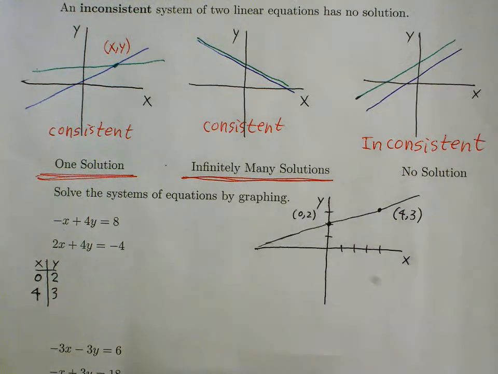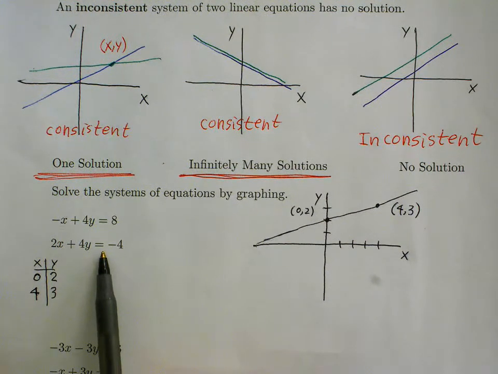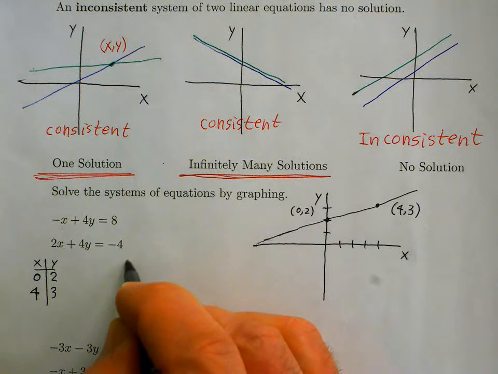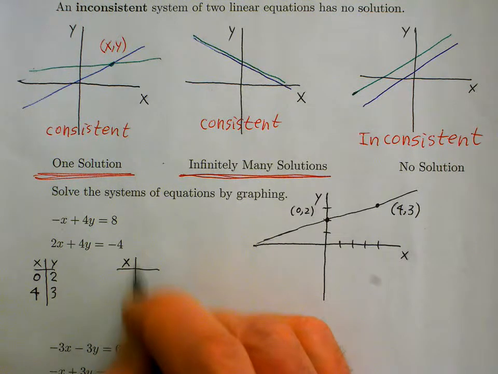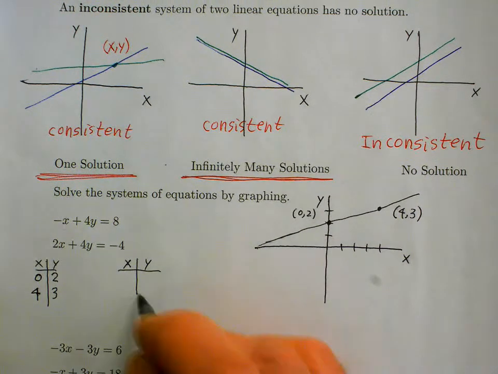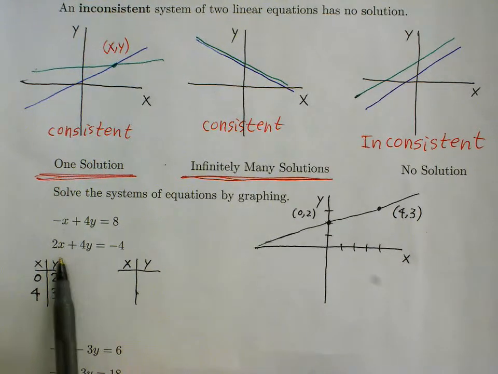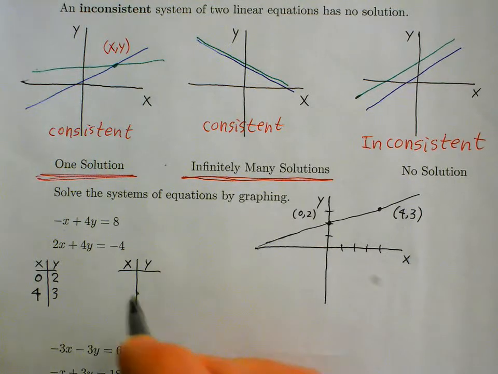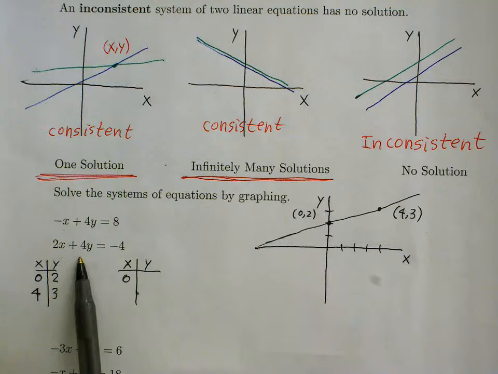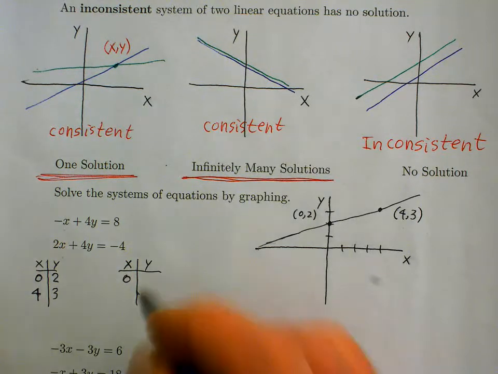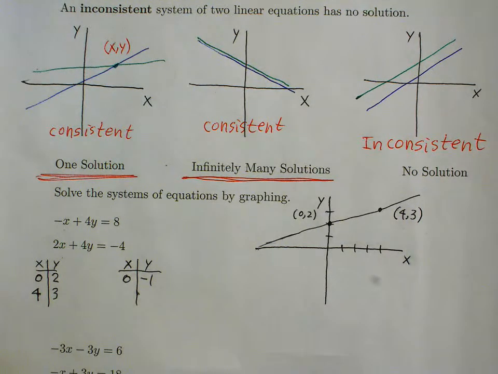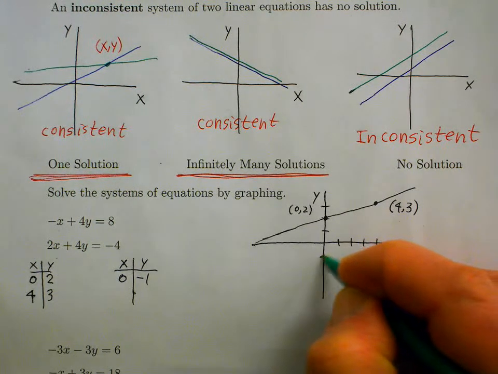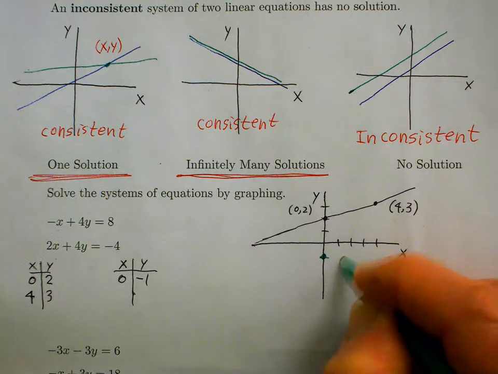Okay, let's find a couple of ordered pairs on the second line below. So this time just finding the x and y intercepts looks like the arithmetic will be easy. When x is 0, we're left with 4y equals -4, so the y coordinate is -1. So 0, -1 is a point on the second line.